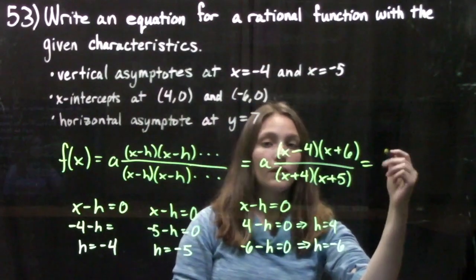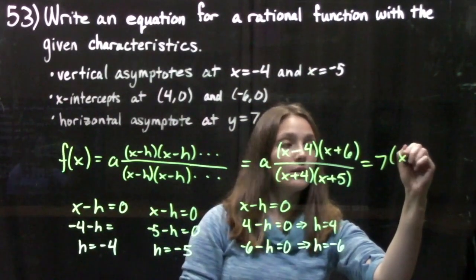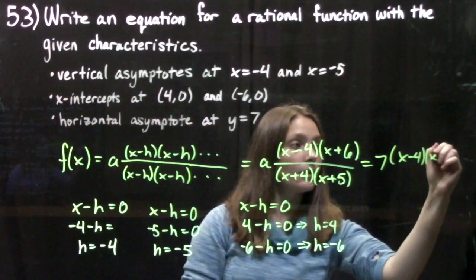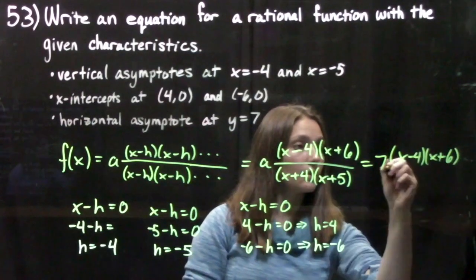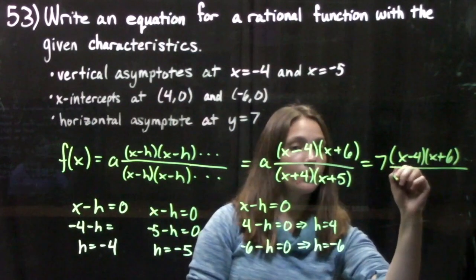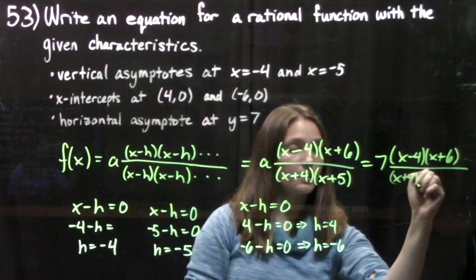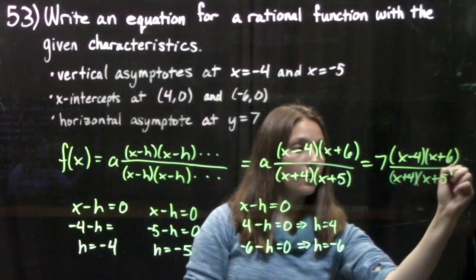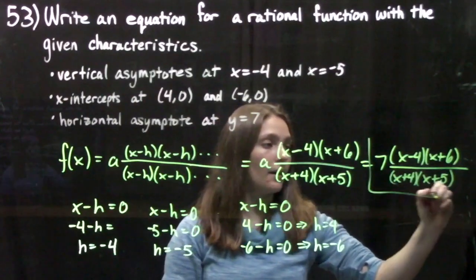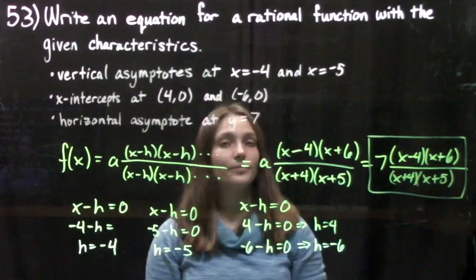So we have that a equals 7, x minus 4, x plus 6, all over x plus 4 times x plus 5. So right there is our rational function. There you go.